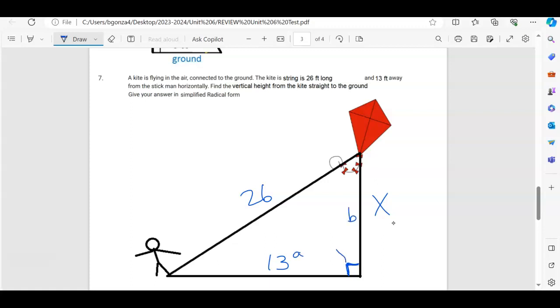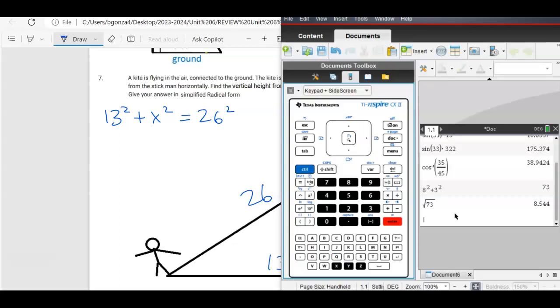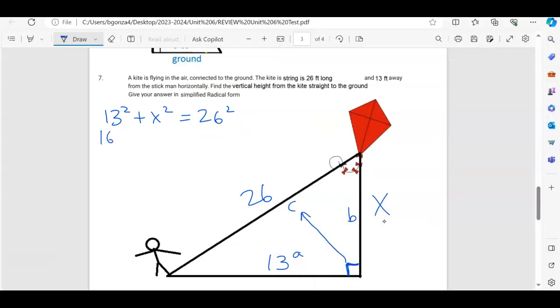Okay, so can we do Pythagorean theorem again? A, B, and across from 90 is C. So you got 13 squared plus x squared equals 26 squared. All right. And since we're missing a leg, we need to just do what's 13 squared, what's 26 squared. 169 plus x squared equals 676.